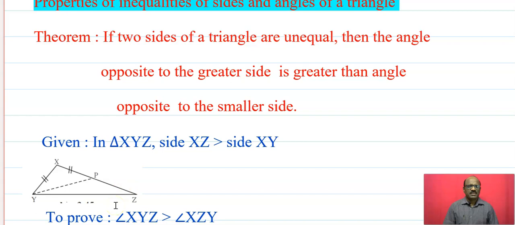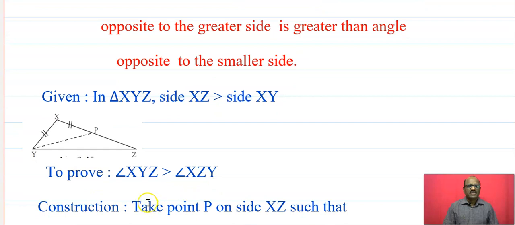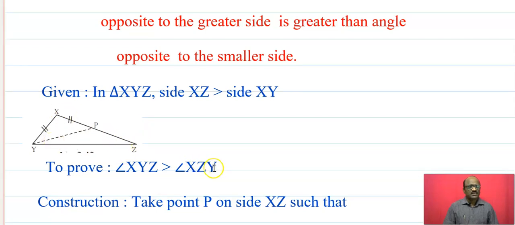Side XZ is greater than side XY. Then we want to prove that the angle opposite to XZ, that is angle Y, angle XYZ, is greater than angle XZY. This we want to prove.